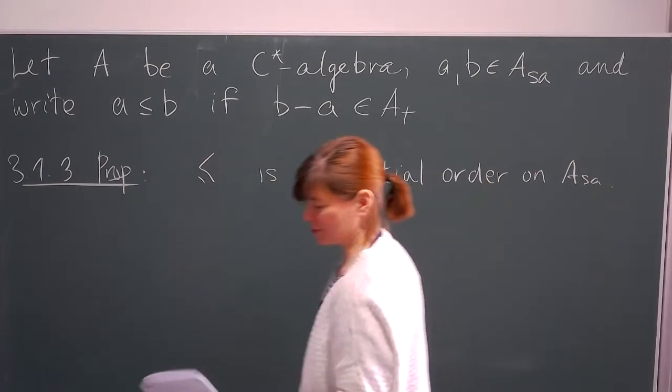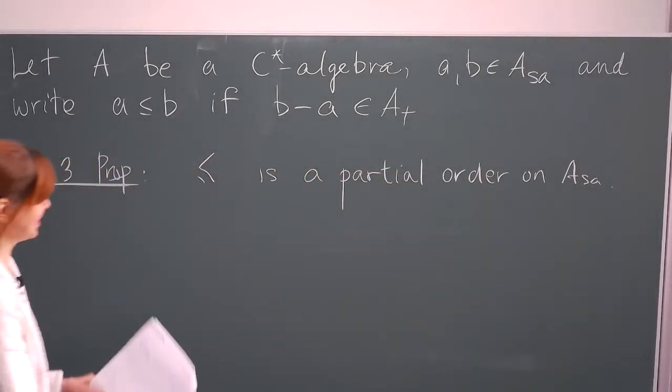The fact that we can put an order structure on the self-adjoint elements is again a very key property of C-star algebras.